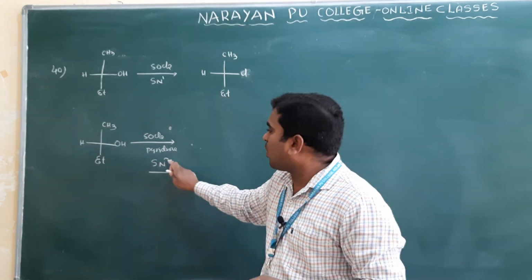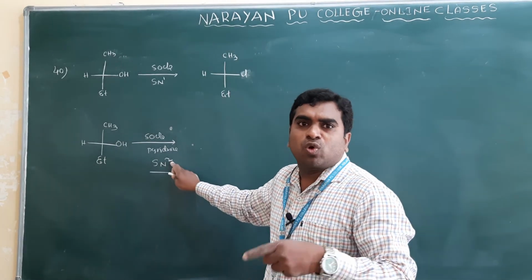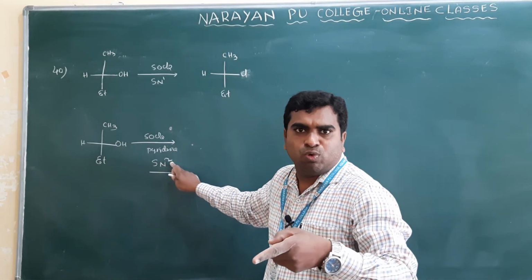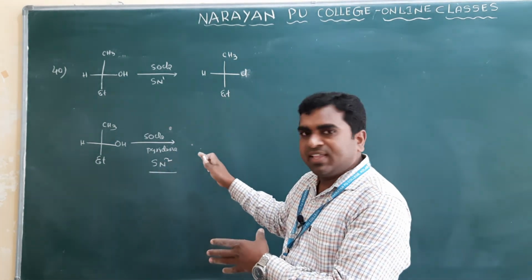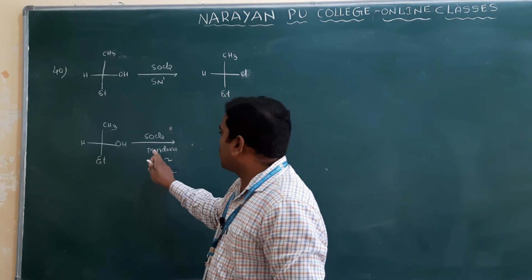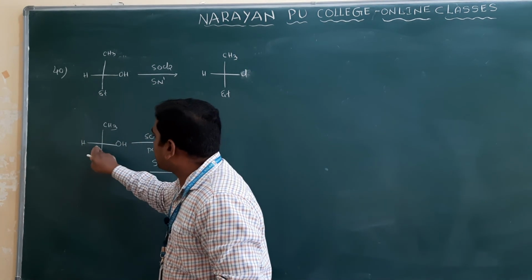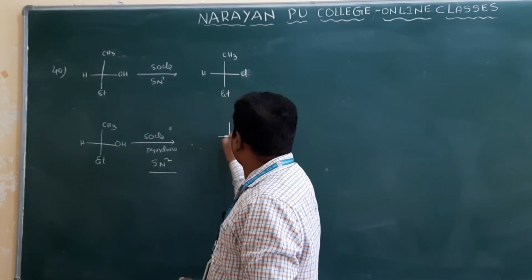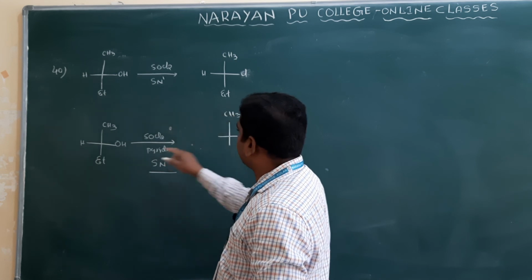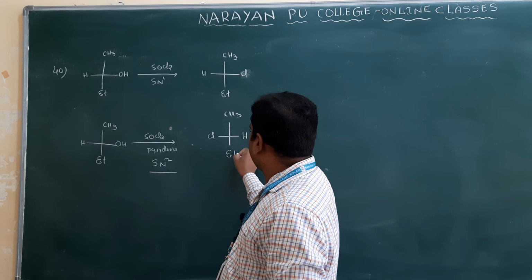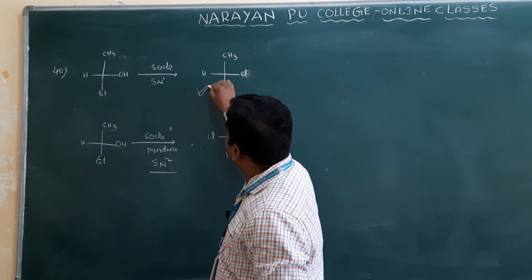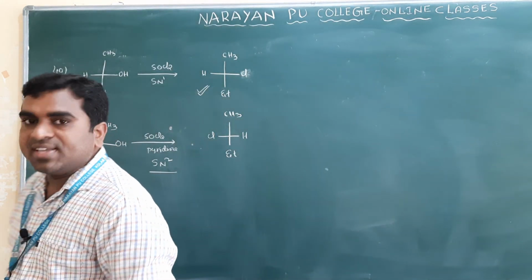SN2. Actually we will call it the internal nucleophilic substitution reaction, SNi. We will discuss it, but for competitive exams you identify in this way. And it is SN2. SN2 means chlorine attack takes place from which side? Back side. Then what product will you get? You will get CH3, with chlorine at the back side, here H and here Et. So that's why this is your product. So option 1 is the correct one.